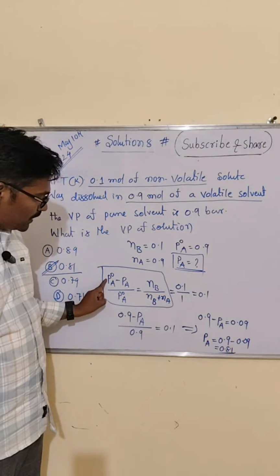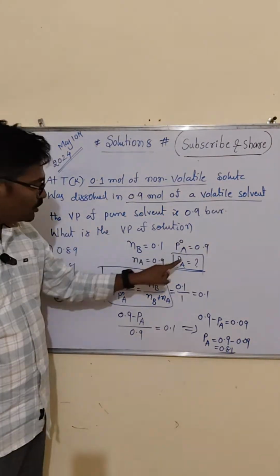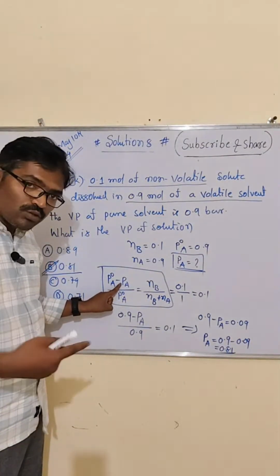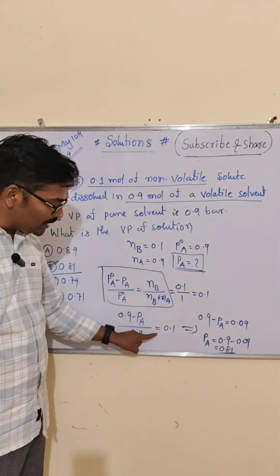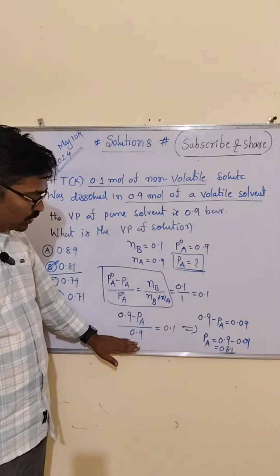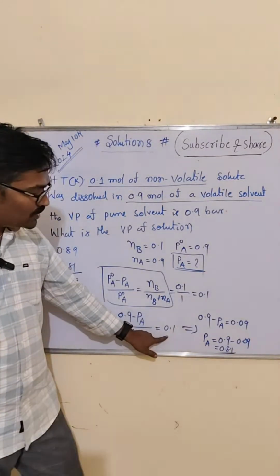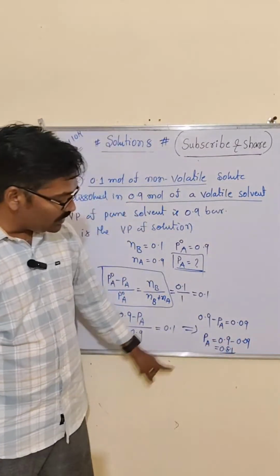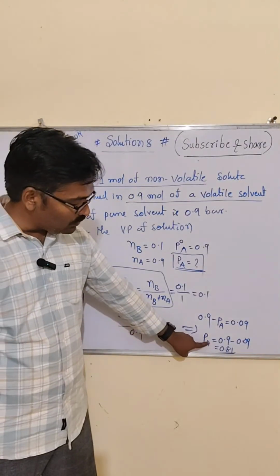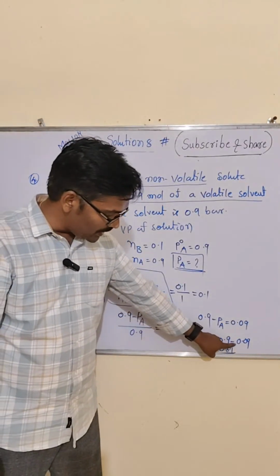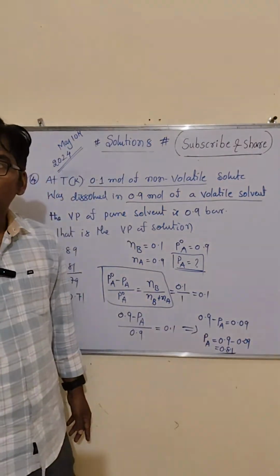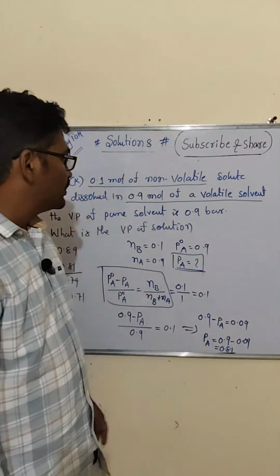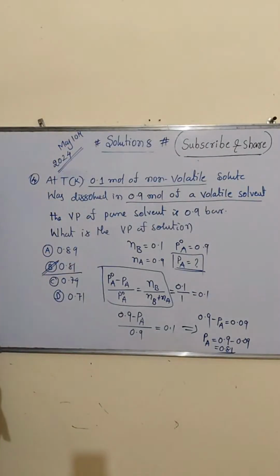In place of P naught A we take 0.9, and PA we have to calculate. 0.9 minus PA divided by 0.9 equals 0.1, so you get 0.09. Then PA equals 0.9 minus 0.09, which is 0.81. Okay, note down the question.